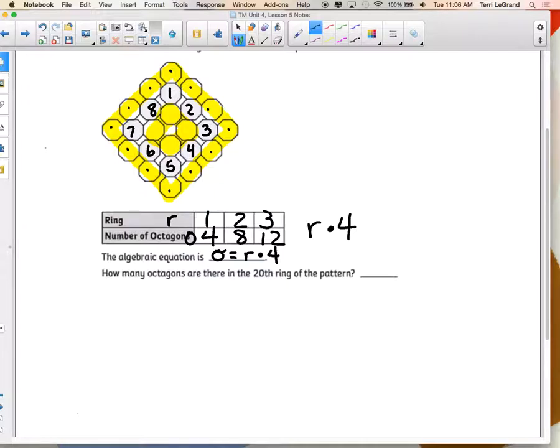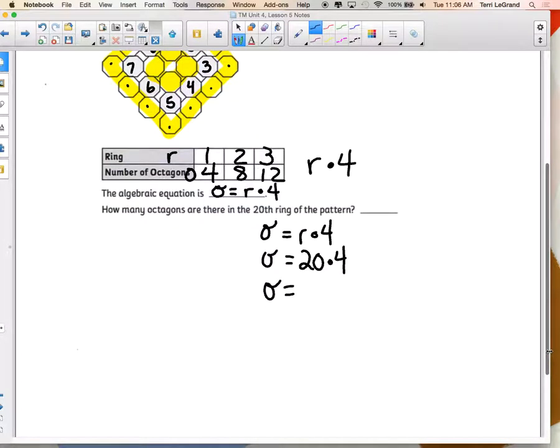How many octagons would be in the 20th ring? How many are there, class? 80 of them. There's the 20th ring times 4, so we say there are 80 octagons.